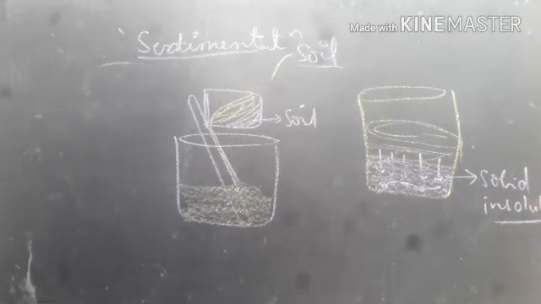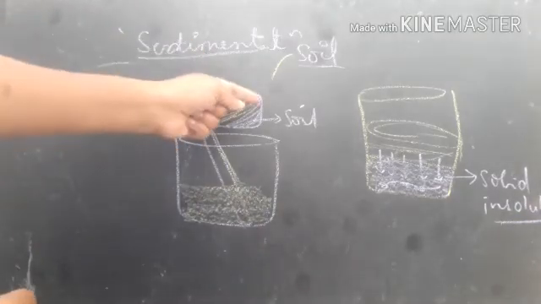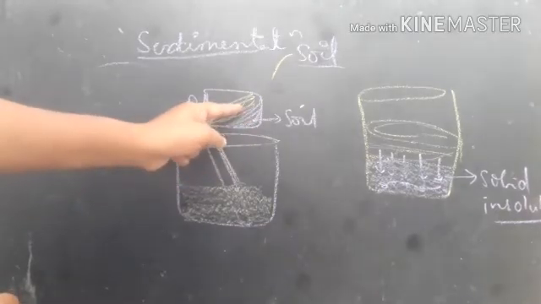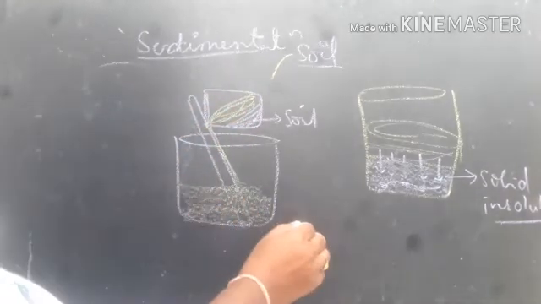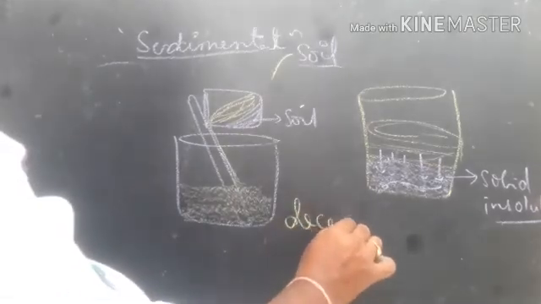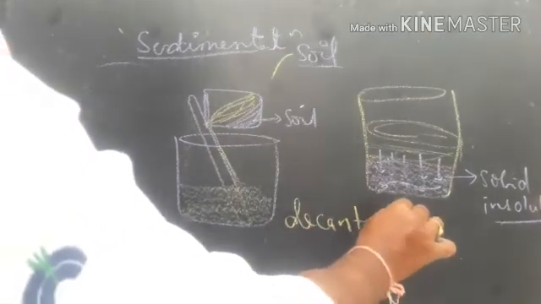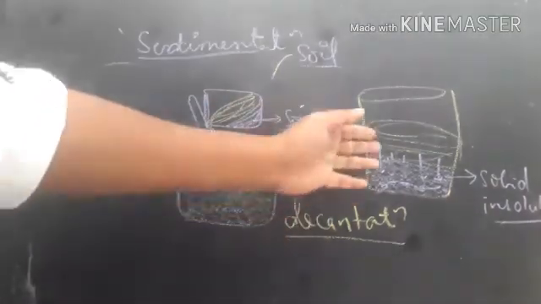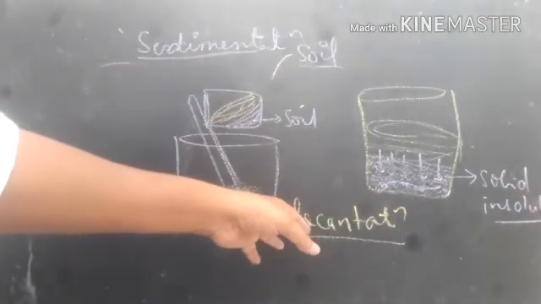So here what we are doing, we are pouring the water in order to separate the two layers, soil layer and water layer. So this is what we call decantation. It is called decantation. So we did two things here. What are those? Sedimentation as well as decantation.